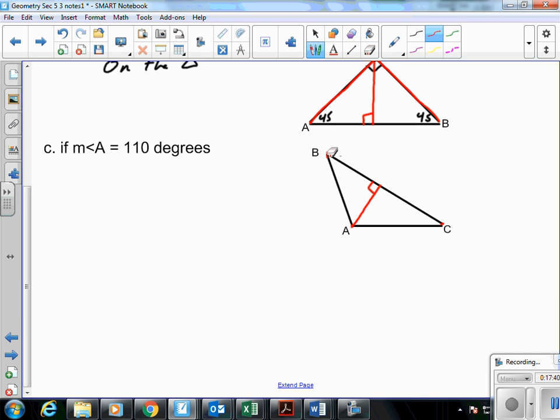Now if I want to go from B to the opposite side, in this case I'm going to have to actually extend this side out a little ways, so that I can come straight down from B, hit that side at a right angle.